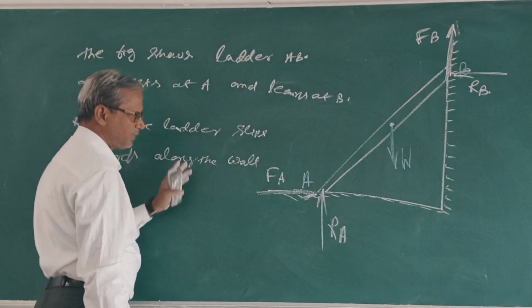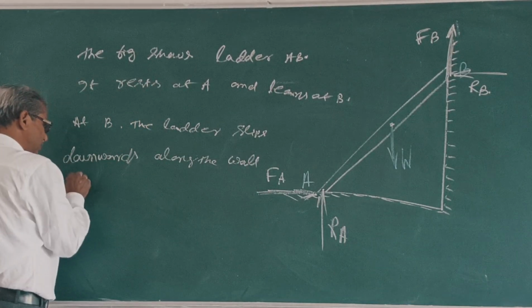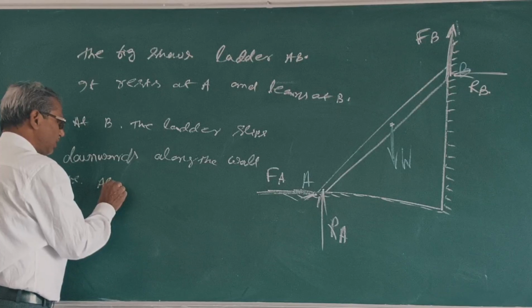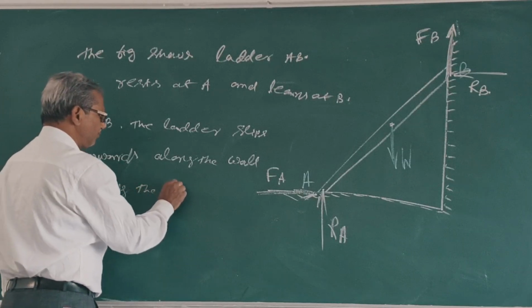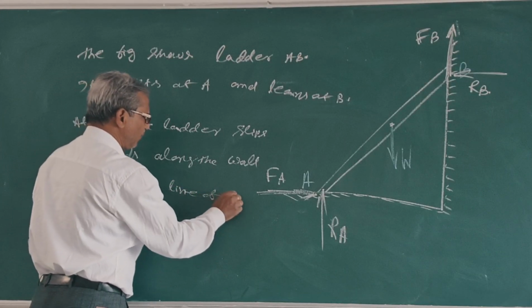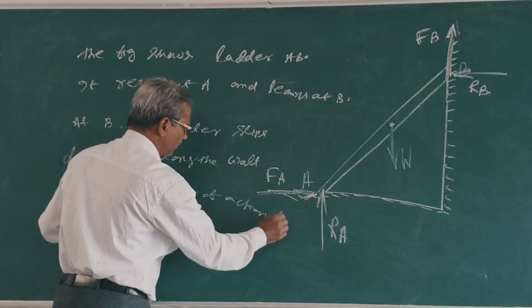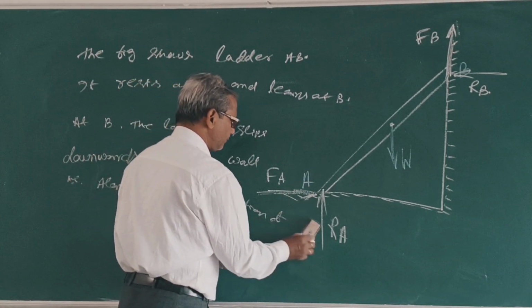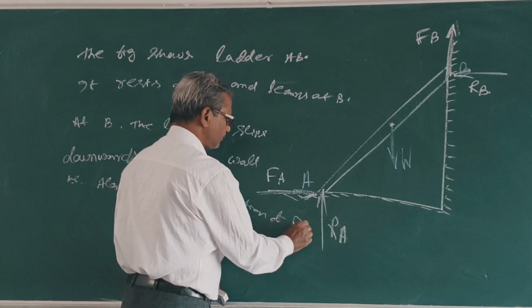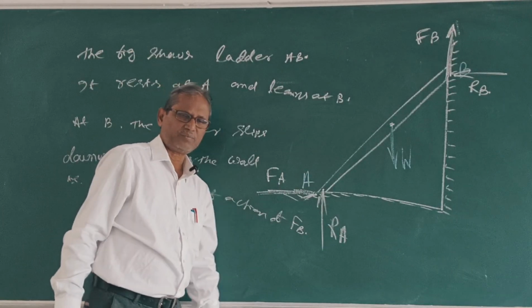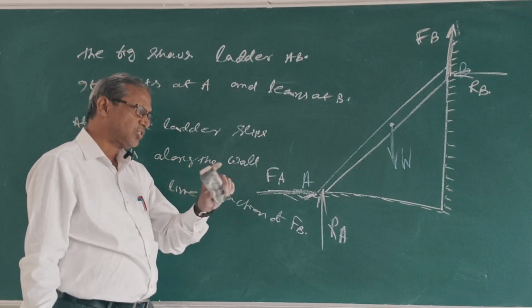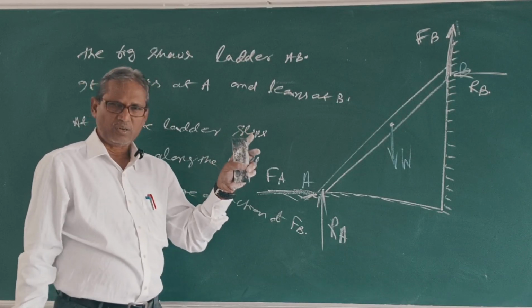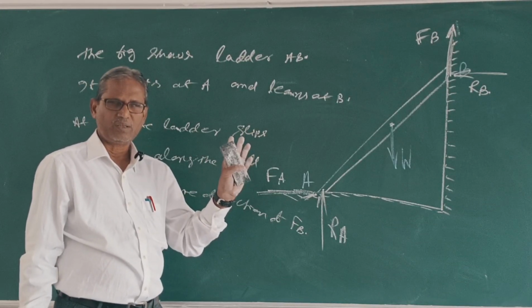Clear? That is along the line of action of FB. Right? So some work will be done by FB, but no work is done by RB.